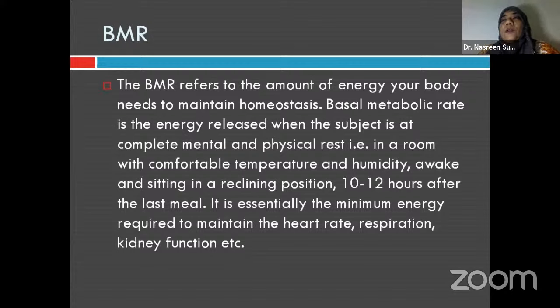Why? Because when they have high BMR, even though they don't exercise, they look very active. They look very active because continuously the cells are taking up the glucose and burning it and giving it in the form of ATP, that is energy.